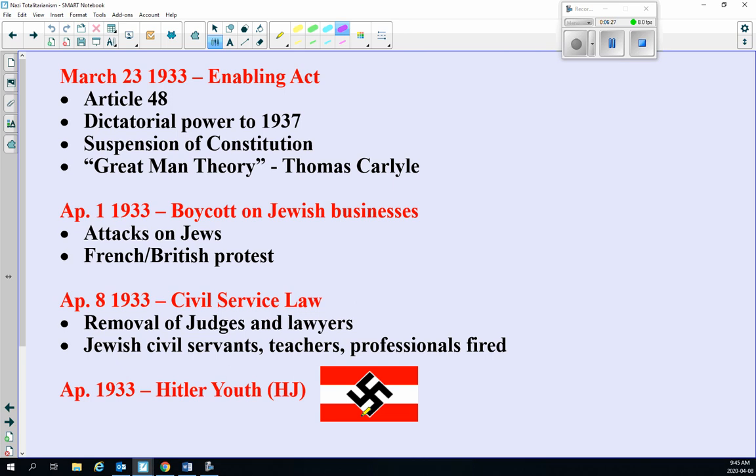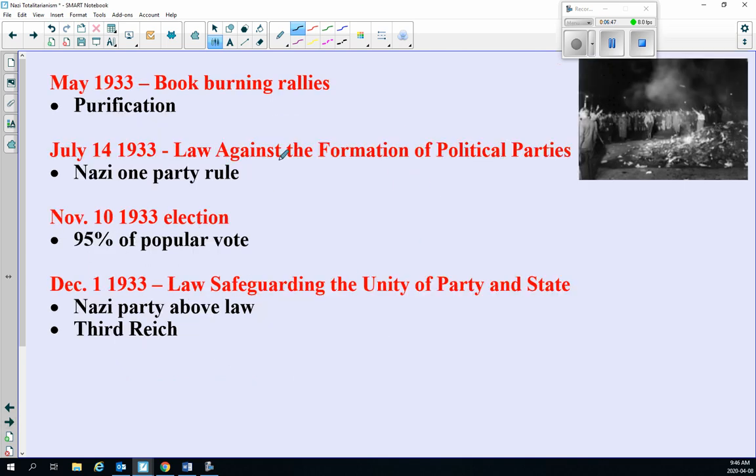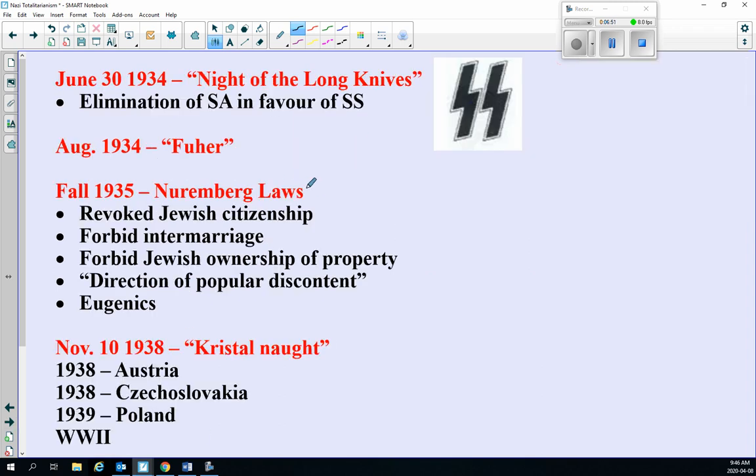There had always been anti-Semitism in Germany, and then once the Nazis took power, they gave it more focus and began to legalize anti-Semitism. So there were a gradual series of laws that slowly eroded rights and freedoms for Jews: boycotts, the civil service law, culminating finally with the Nuremberg laws of 1935.